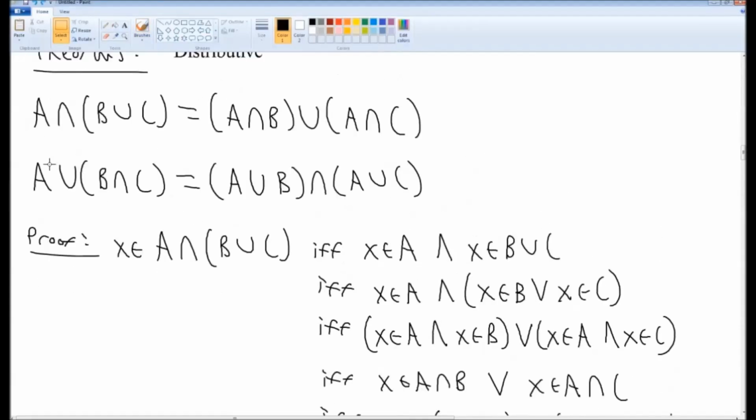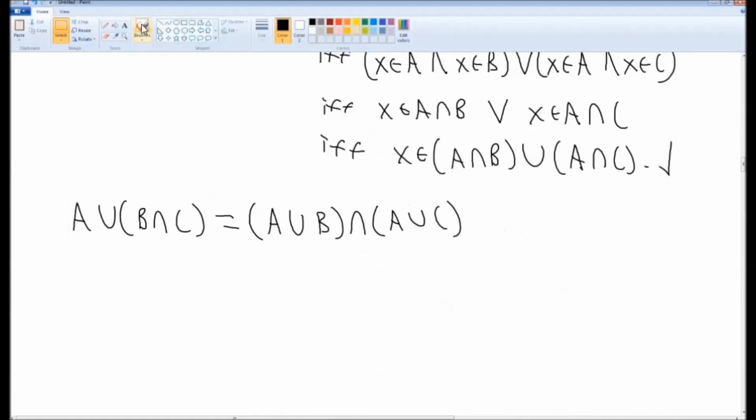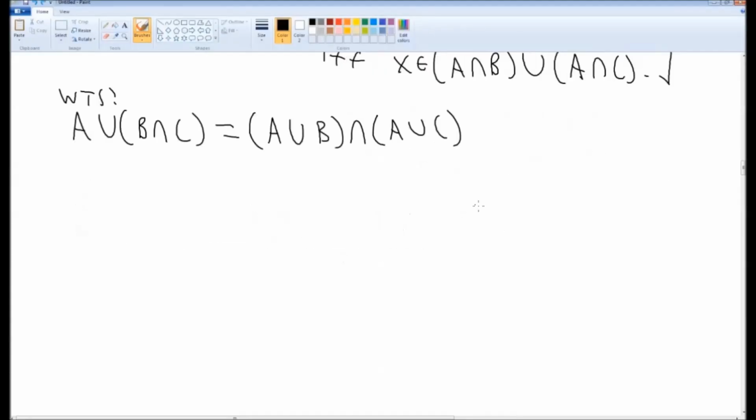What about our second part? How do we prove this? I'm going to copy paste it just for reference. We want to show that this is true. How do we do it? Well, if X is in this set, what is that logically the same as?